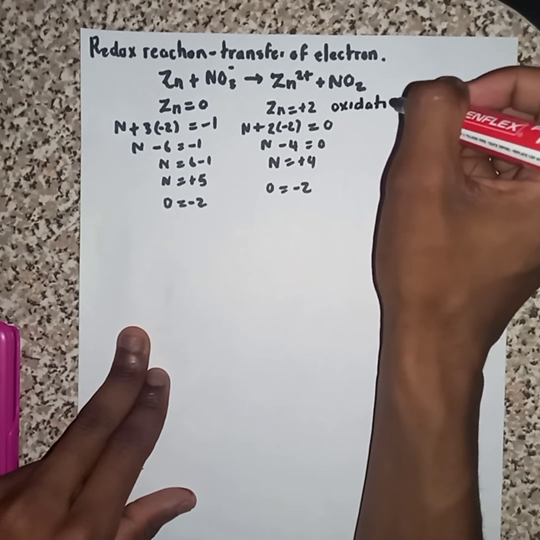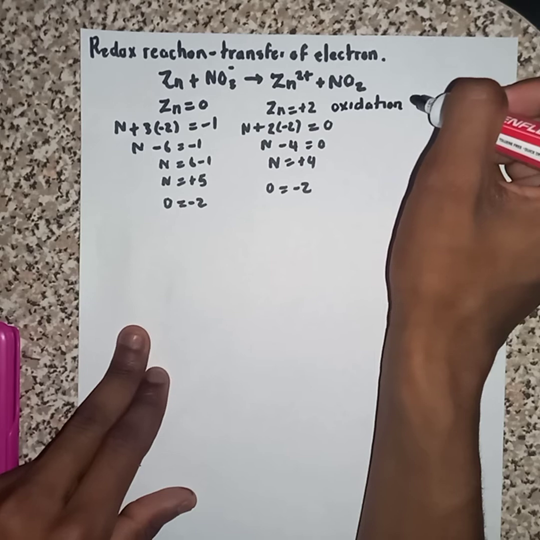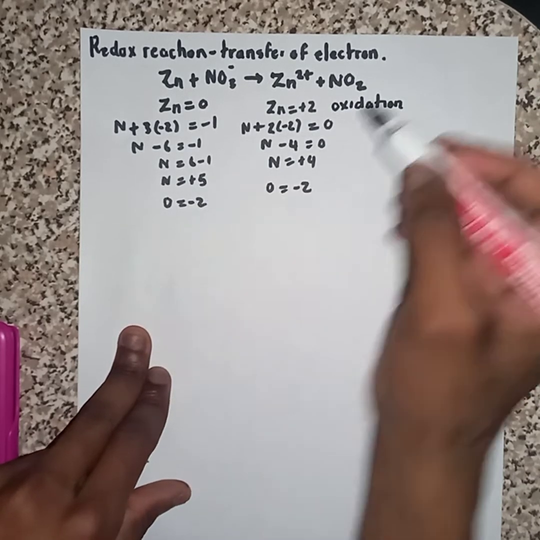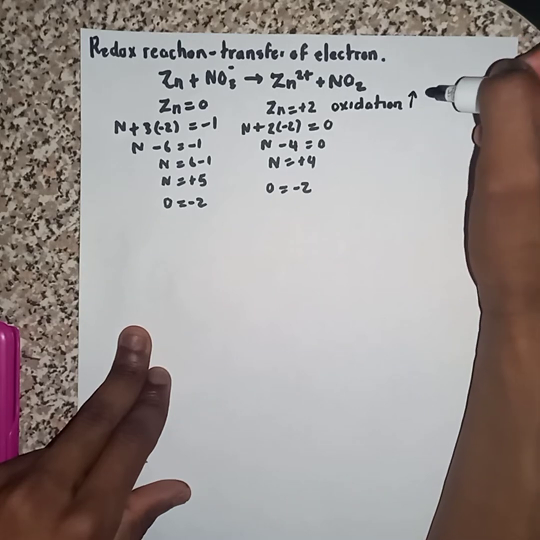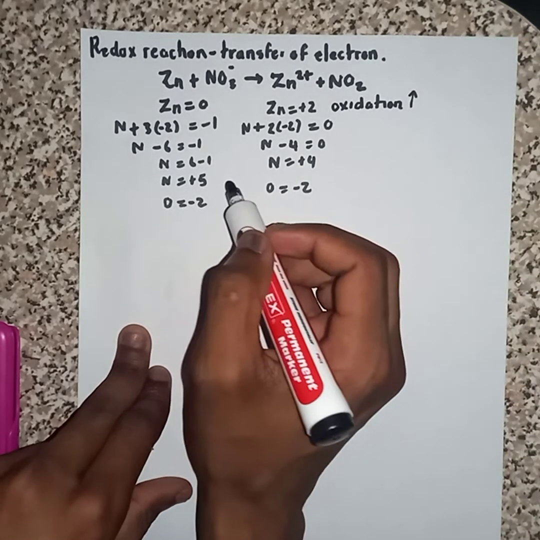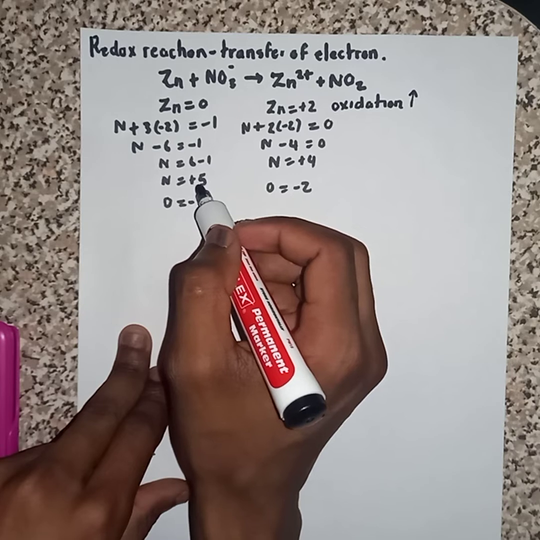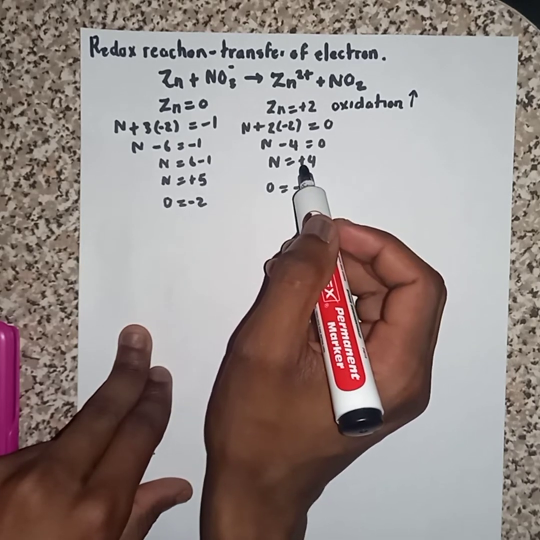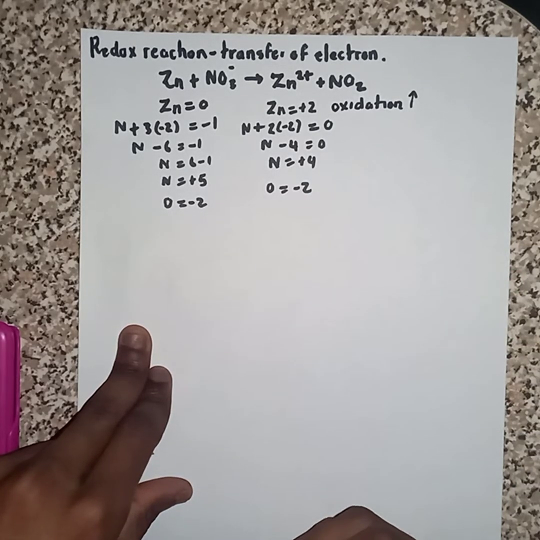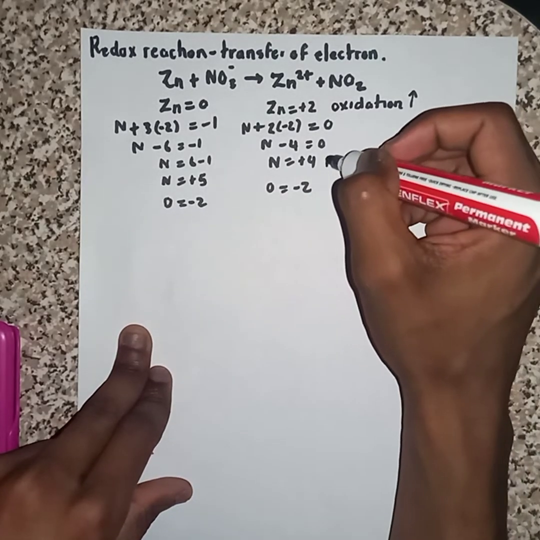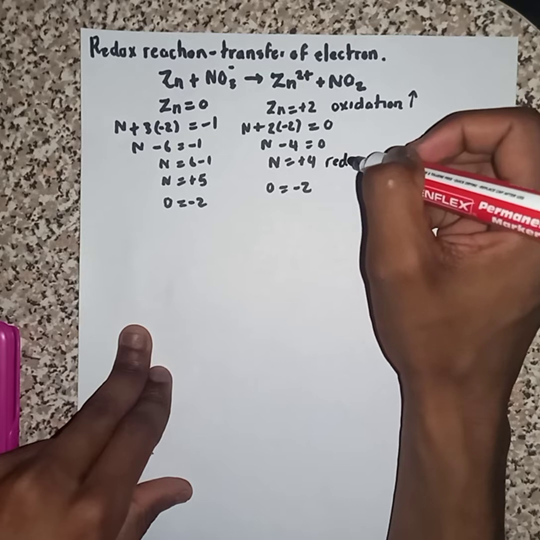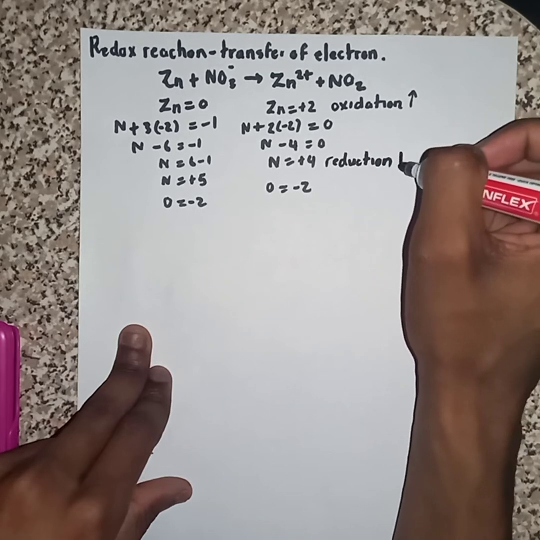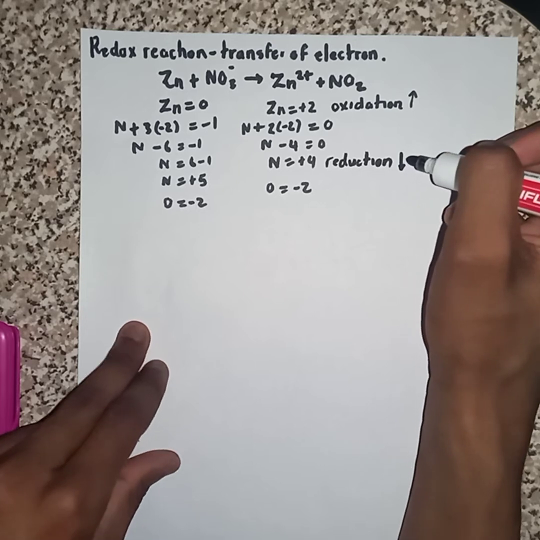That means zinc is oxidized. Now if we check N, it was +5 before, then after it was +4. It has decreased, so it is a reduction. That means N in this case is reduced.